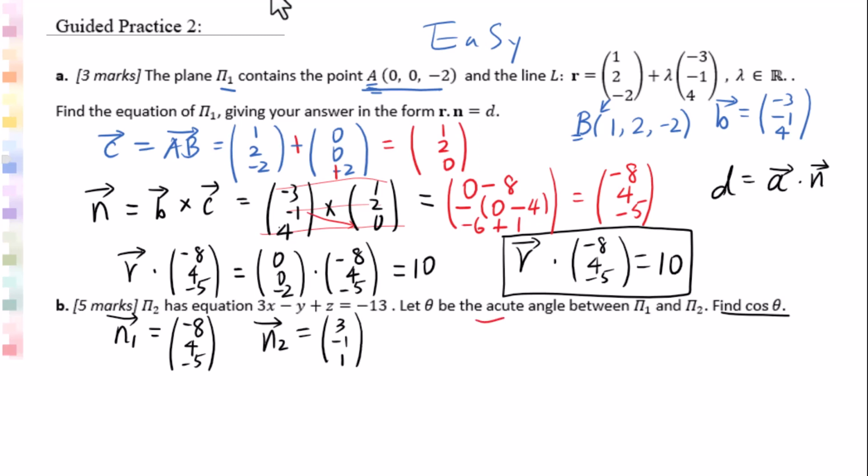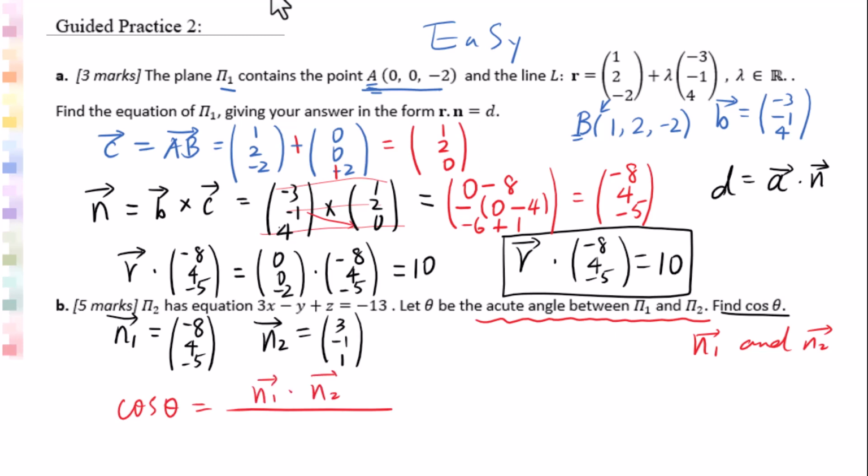We do know the acute angle between pi 1 and pi 2 equals the acute angle between n1 and n2. Therefore, cosine theta equals n1 dot n2 over the length of n1 times the length of n2.